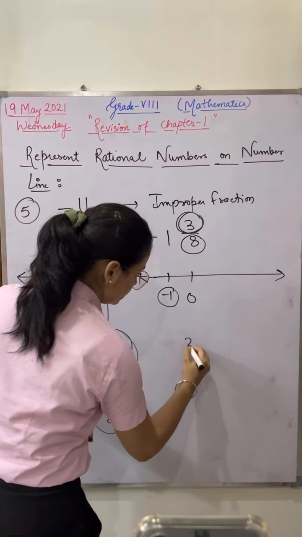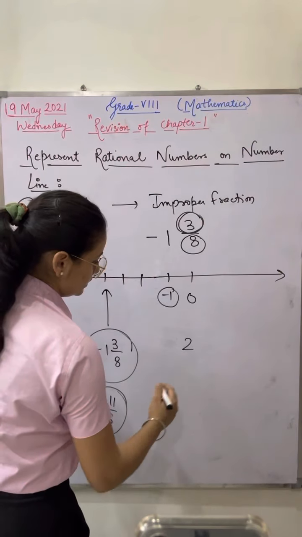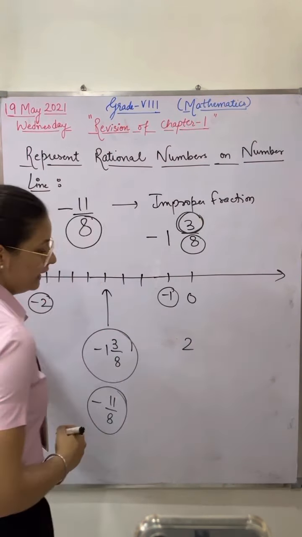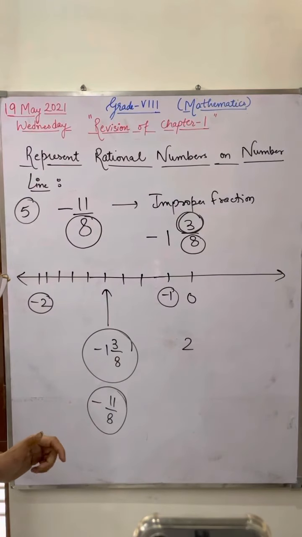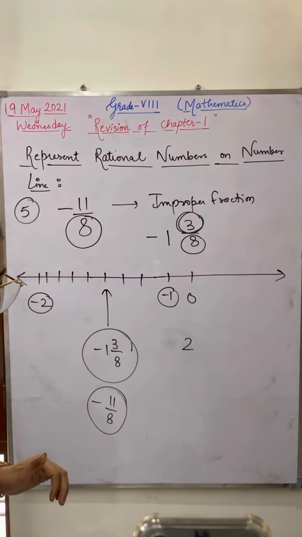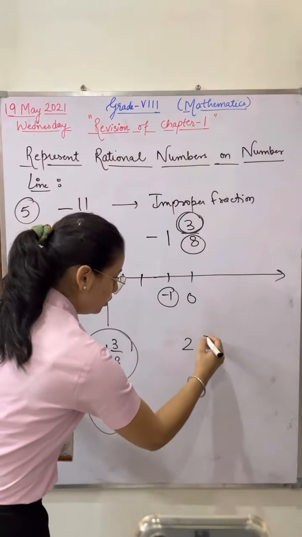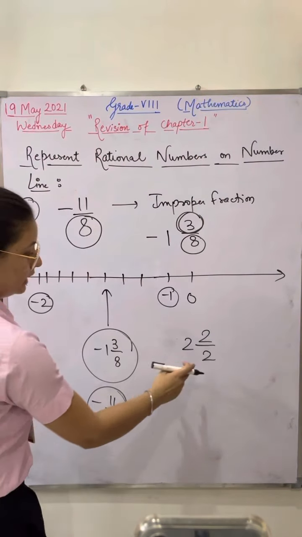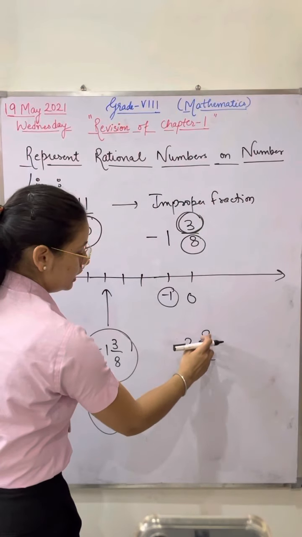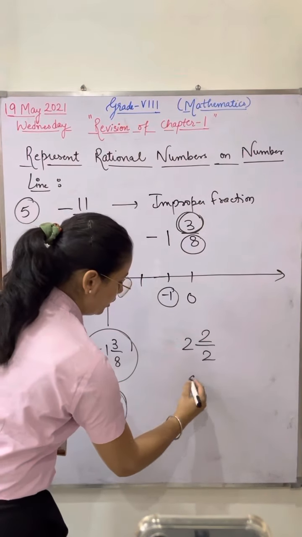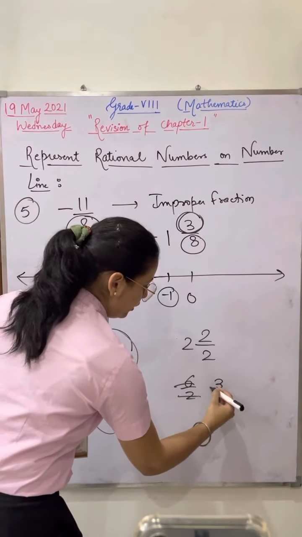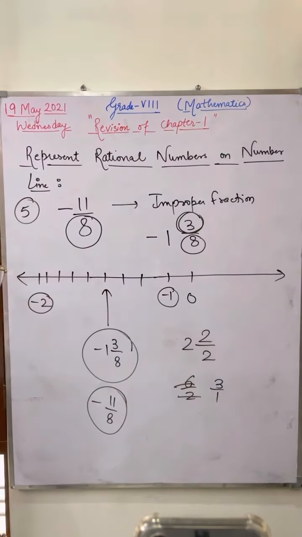Ma'am, 2 upon 2. It's not possible. 2 2s are 4. 4 plus 2, 6 upon 2. That will be cancelled. That will be 3 upon 1 only. You can't make it into a mixed fraction.